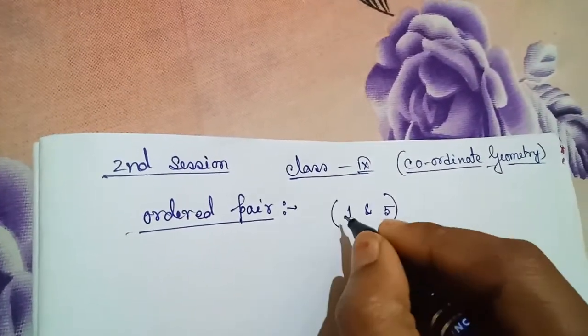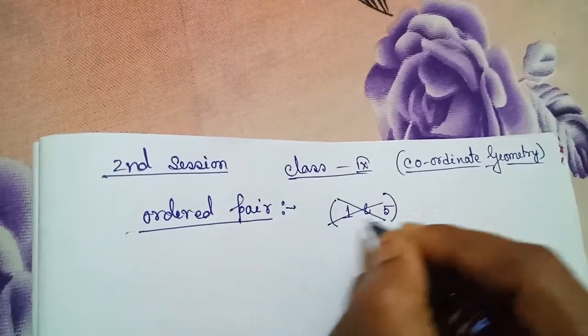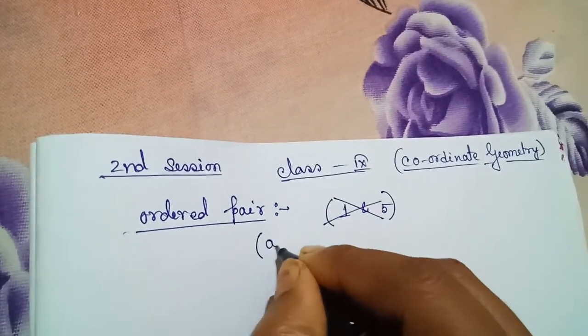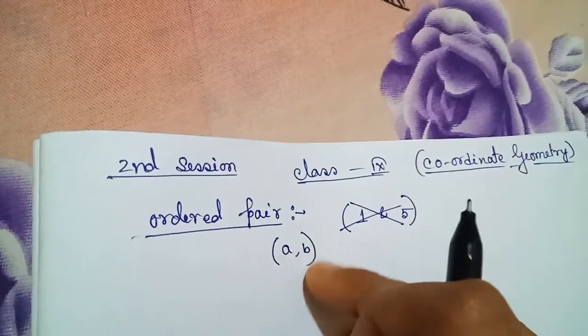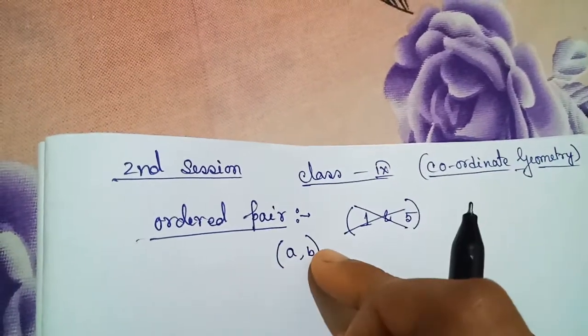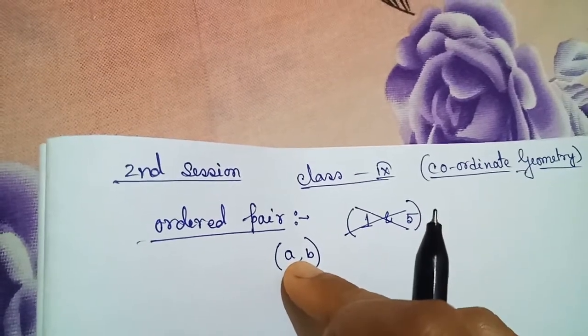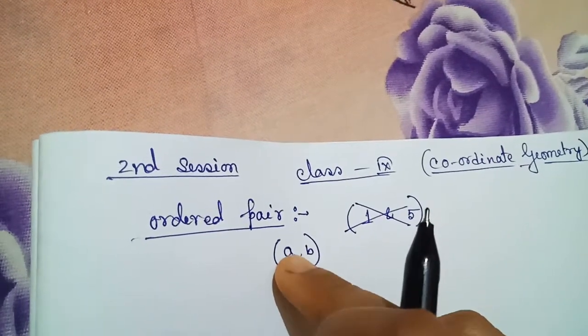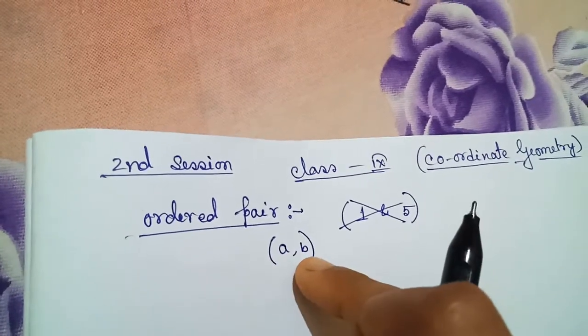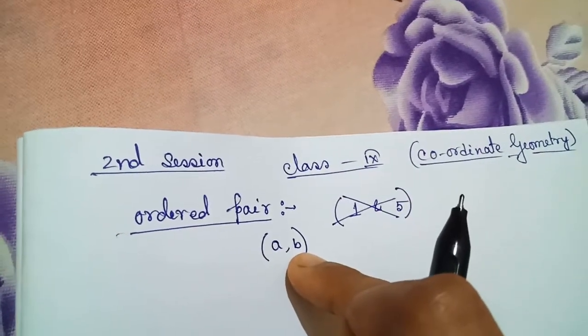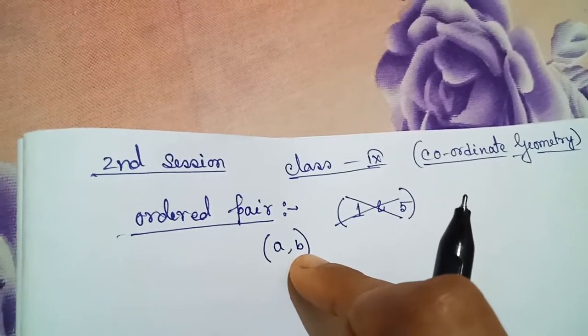Ordered pair is actually the kind of numbers, two numbers that are written like this inside a first bracket, and in between them there will be a comma. Okay, A comma B. A can have any value, B can have any value, negative, positive, 0, anything.